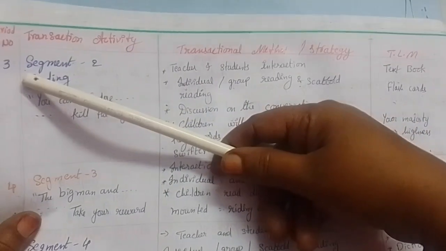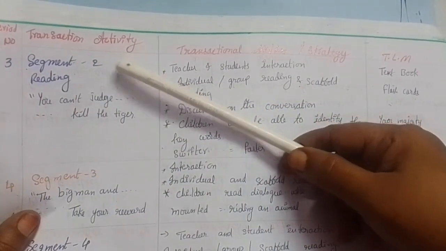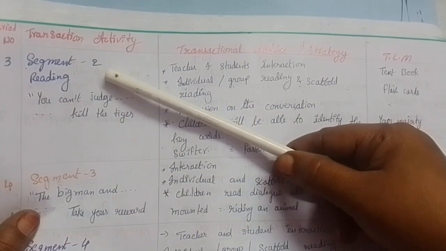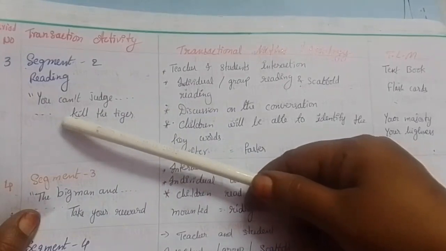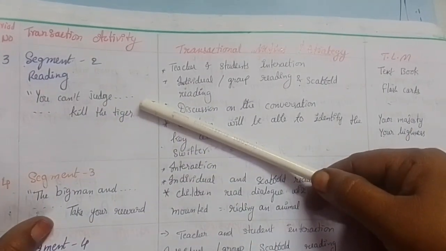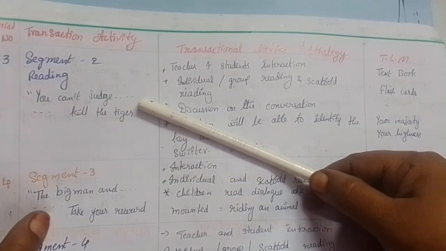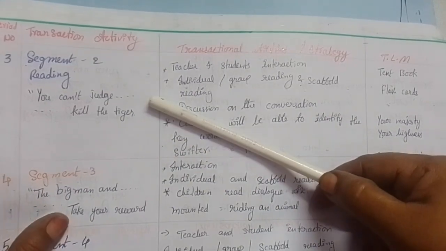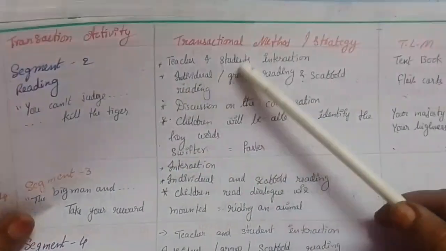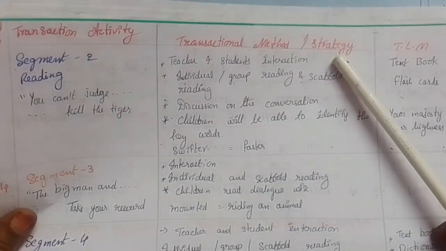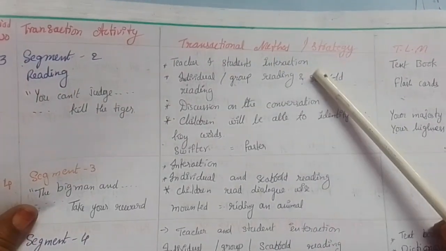In period number 3, there is a transaction activity, that means we teach segment 2, the main lesson, from you can't judge a book by its cover. Okay, it's a saying, a proverb like this, up to kill a tiger. The transactional method or strategy is teacher and students interaction.